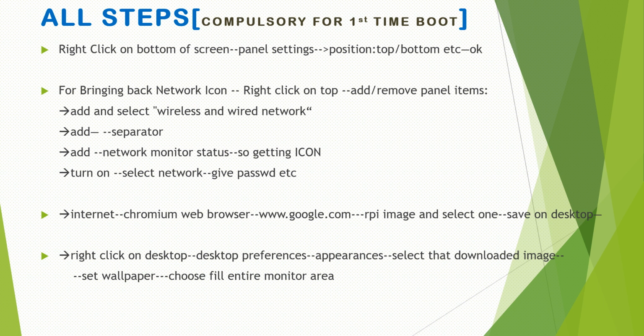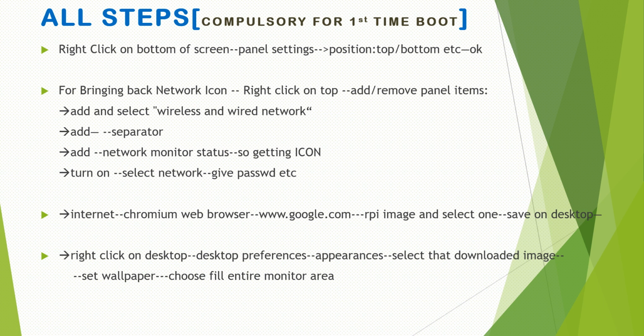Right click on the bottom of the screen. In my case, it is the top of the screen, because I changed the setting. Whatever the case, choose Panel Settings, choose the position, either top or bottom, then OK. By default it is on the bottom.